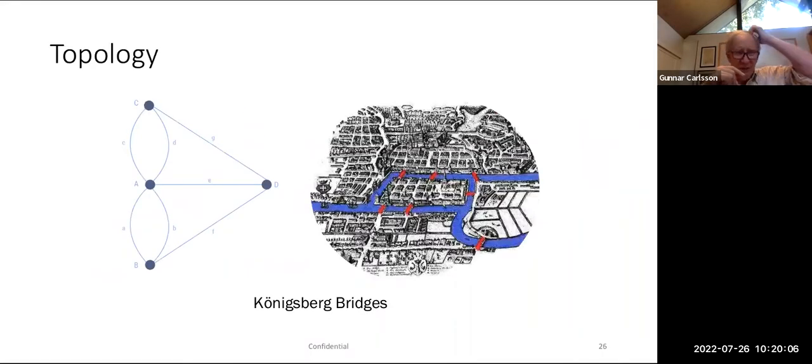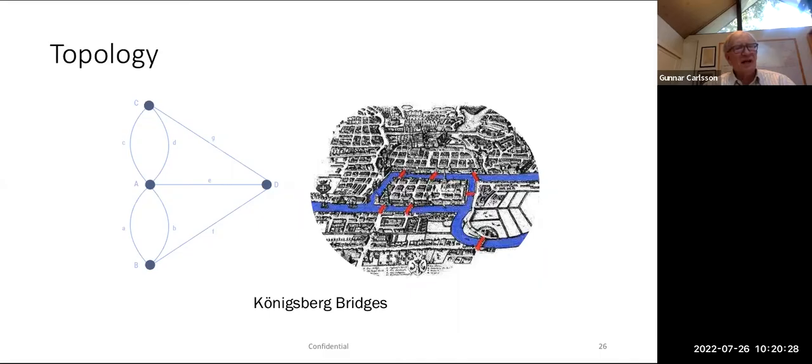So, just to give you a sense of it, here the Königsberg bridge problem was something that Leonhard Euler worked on. The question that he posed was, can you cross all the 7 bridges across the River Pregel in Königsberg? Can you cross them all without crossing any bridge twice? And in this situation, there's lots of information.